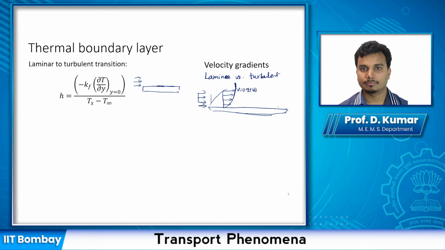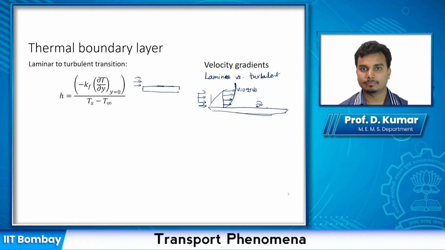In comparison to that, when you have a turbulent boundary layer, you have significant mixing. In laminar flow you can define layers of fluid flow, but in turbulent flow you have vortex formation and eddies, so you have a lot of mixing.